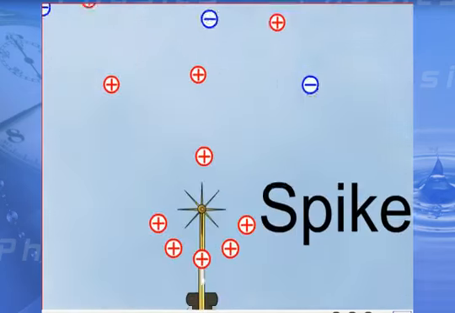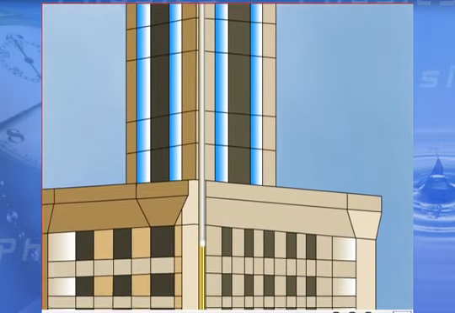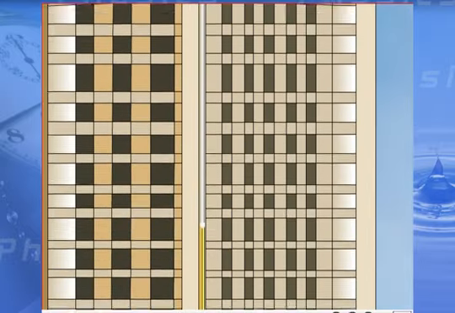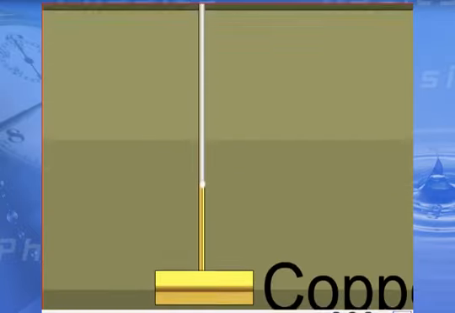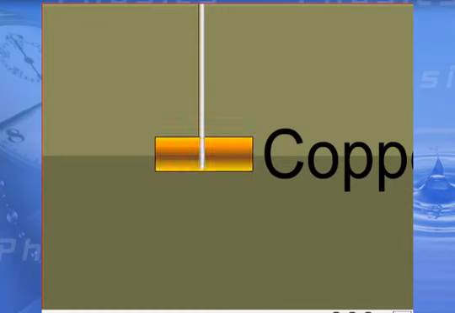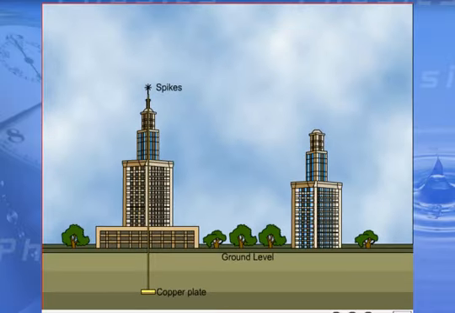The negative charges are attracted towards the conductor and travel down to the earth. Therefore, the building is protected from the damage of lightning.